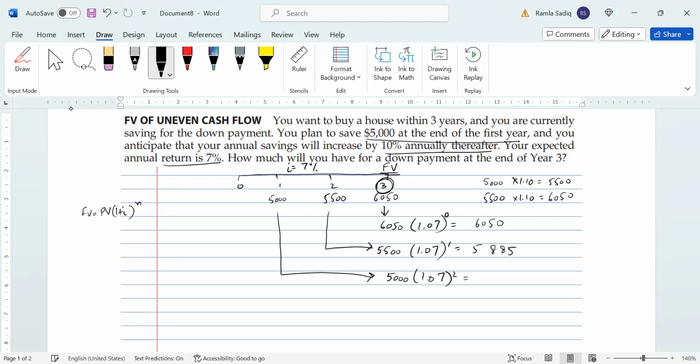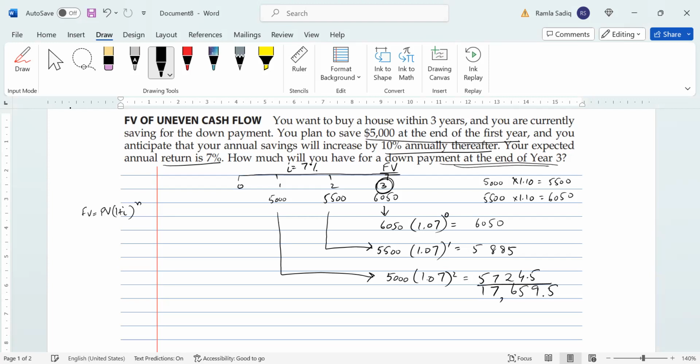And then lastly, for the amount where it's going to be compounded for 2 years, we'll do 5,000 multiplied by 1.07 to the power of 2, and we'll get 5,724.5. Now, if we add all 3 of these amounts, we will get 17,659.5. And so that is the answer that will give you the final value.